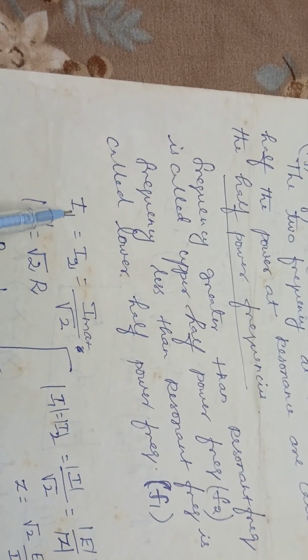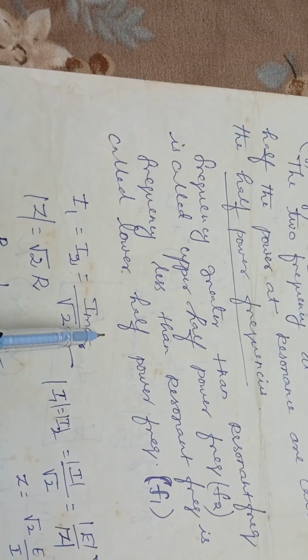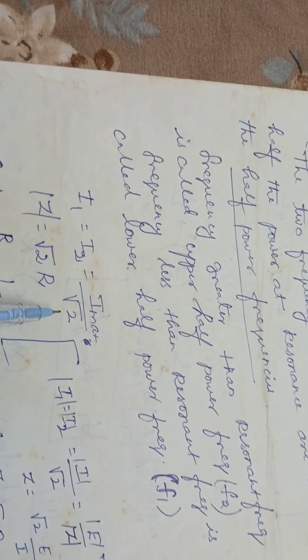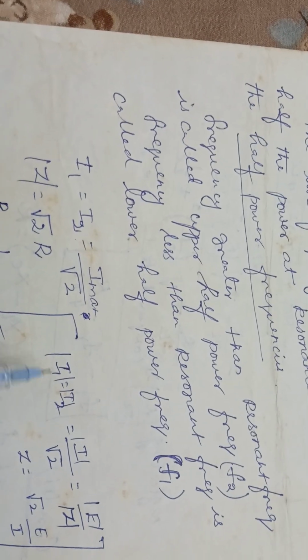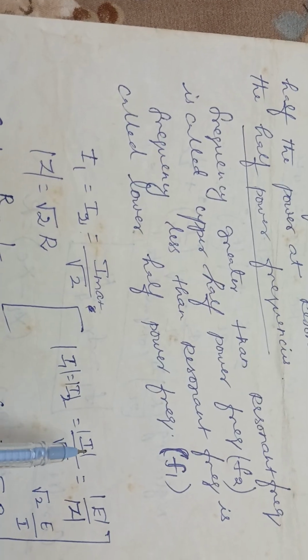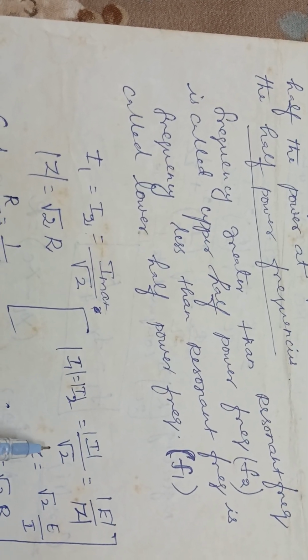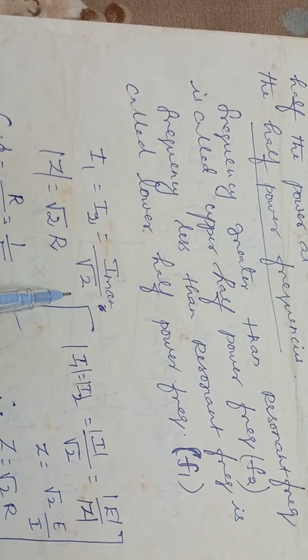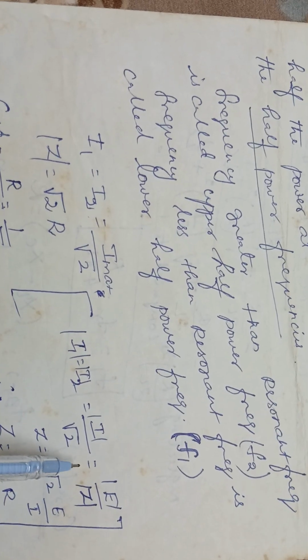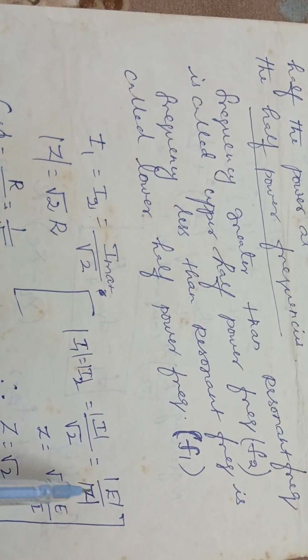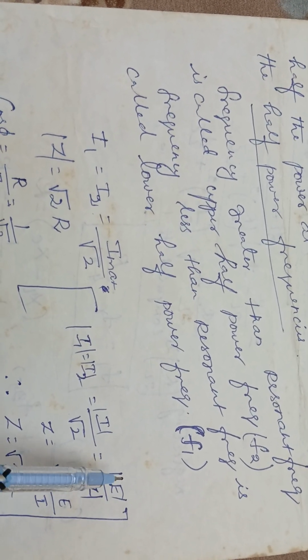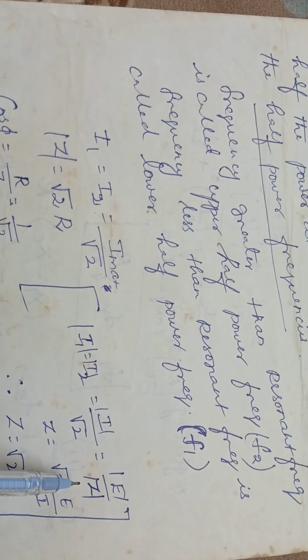Here I1 is equal to I2 is equal to Imax by root 2. So it is the maximum current divided by root 2, which is equal to E by Z, the input voltage by the total impedance.